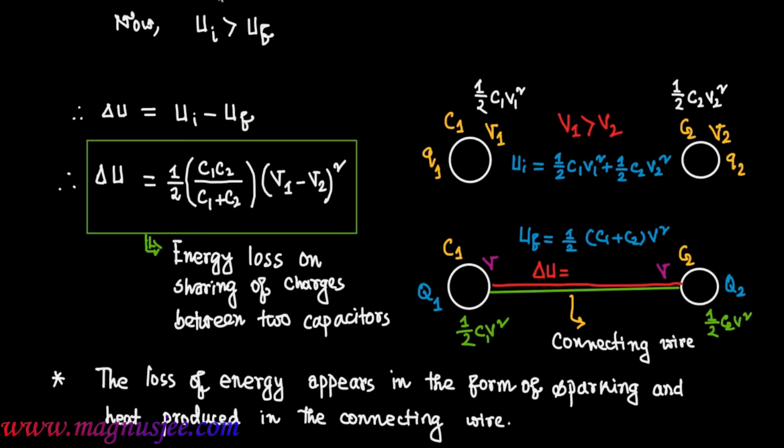Here delta U is the loss of energy, which is half C1 C2 divided by C1 plus C2 into V1 minus V2 whole square, and delta U is a loss of energy which appears in this connecting wire as sparking and heat.